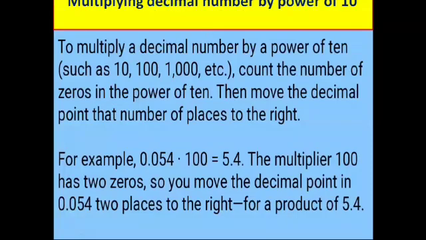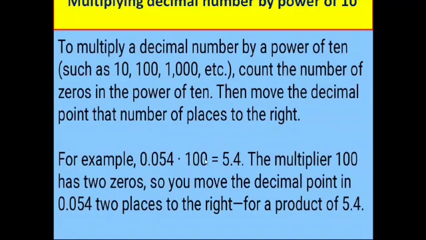Now if I want to multiply decimal numbers by any power of 10, like I want to multiply the number by 10, 100 or 1000, then what will we do? Look here, if I have this question 0.054 multiplied by 100, it will come as 5.4. Now, how does it come?